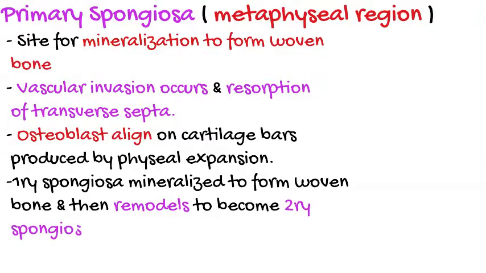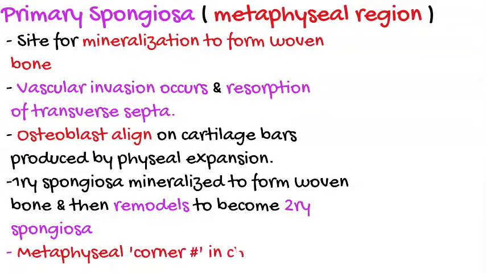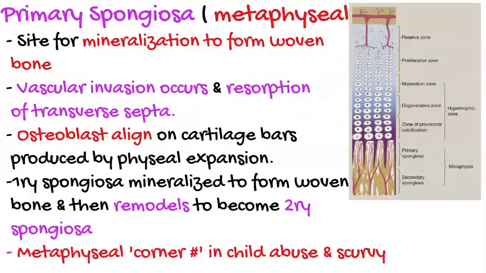Osteoblasts will align on cartilage bars produced by physeal expansion. Primary spongiosa mineralizes to form woven bone and then remodels to become secondary spongiosa. Metaphyseal corner fracture in child abuse and scurvy commonly occur in the primary spongiosa region.